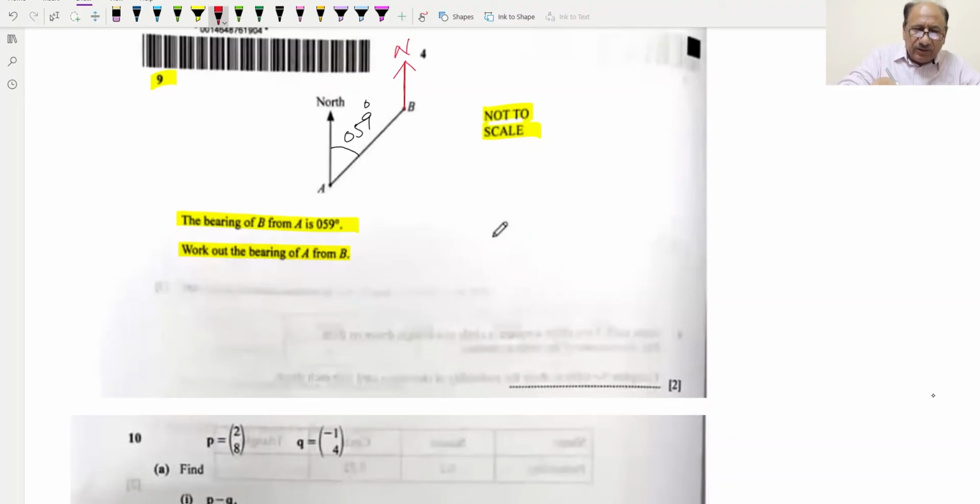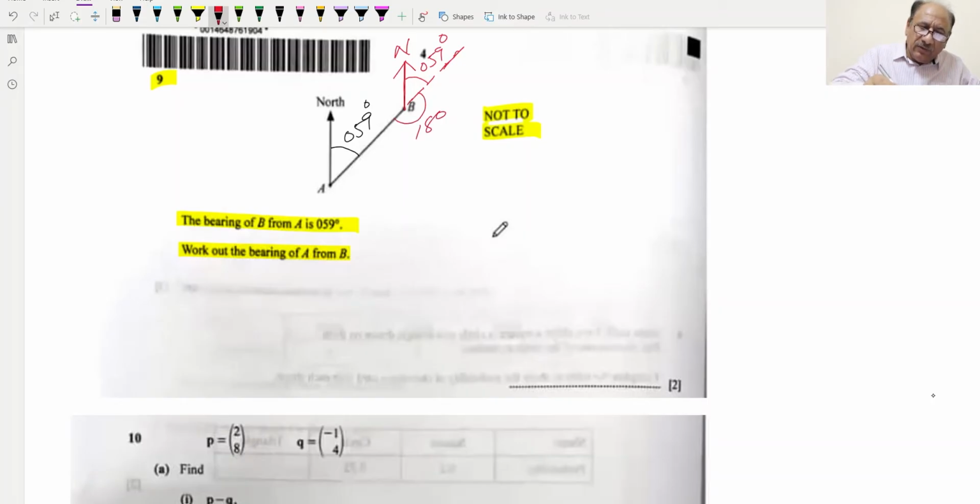We will extend this line with a dotted line, and this angle will be 059, and this one is 180 degrees.